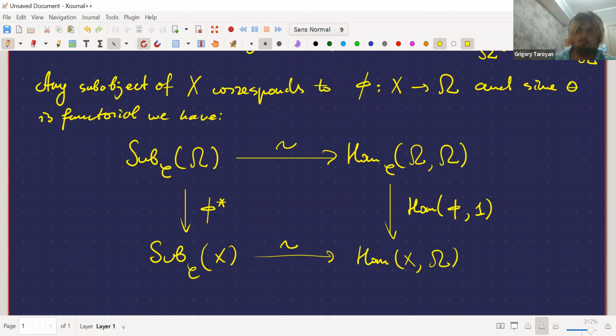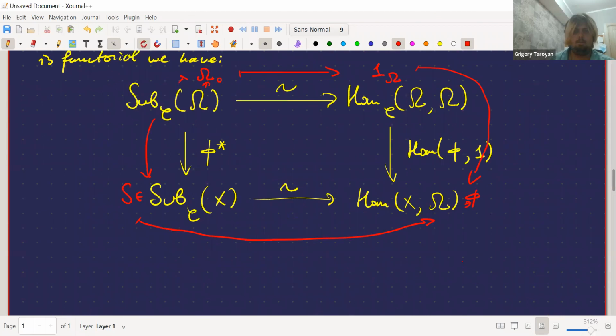So we have omega 0 here. It maps to identity on omega here. Then it maps to phi here, and in the other direction we have S here, and it also maps to phi here.